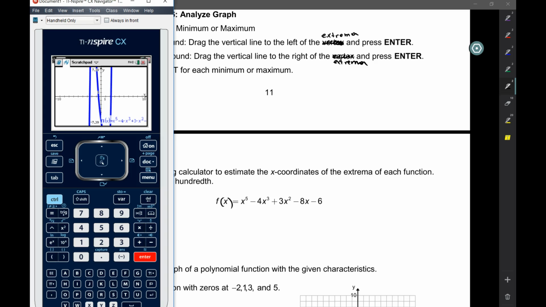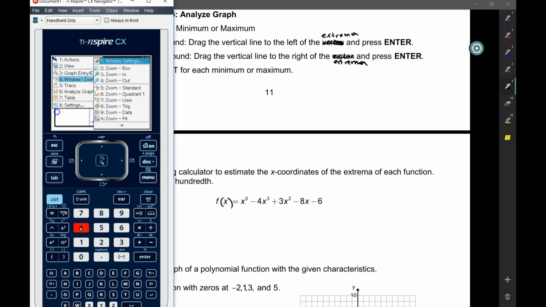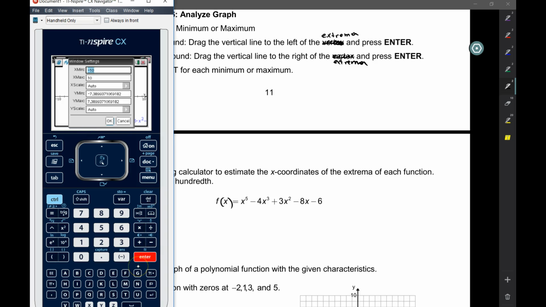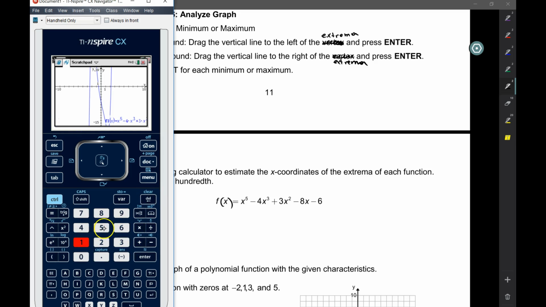So this is what it looks like, right? Can we see any of the maxima or minima? No. So I'm going to change my windows. I'm going to go to menu 4, 1 for window settings. Xmin and Xmax, I'll just leave them the way they are. But Ymin and Ymax, I don't know how high or how low this goes. I'm just going to put in negative 15 randomly, and then 15.